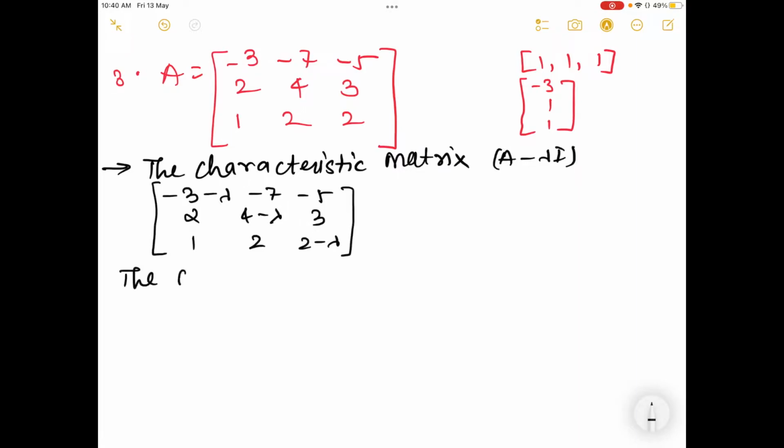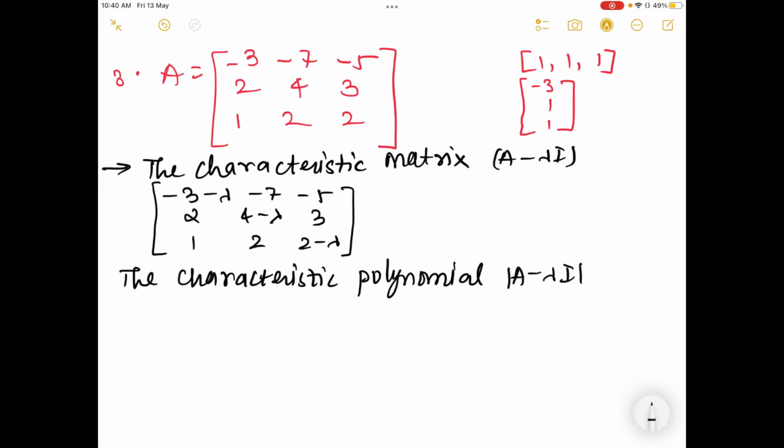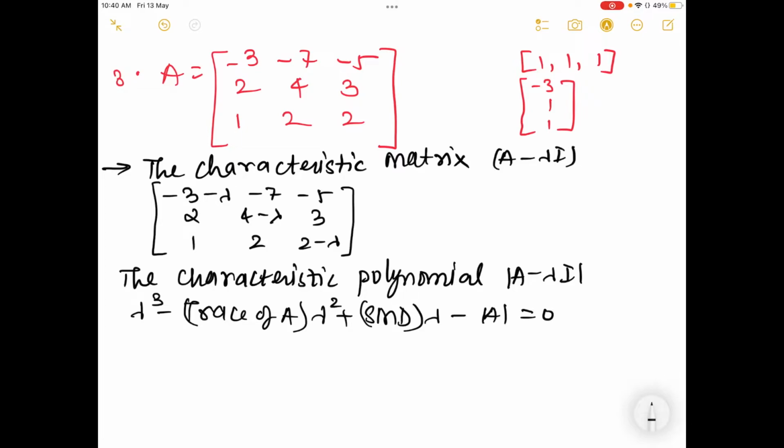Now the characteristic polynomial is another very important term here. The characteristic polynomial is mod of A minus lambda I, which can also be written as lambda cube minus trace of A into lambda square plus SMD of lambda minus determinant of A equals 0.